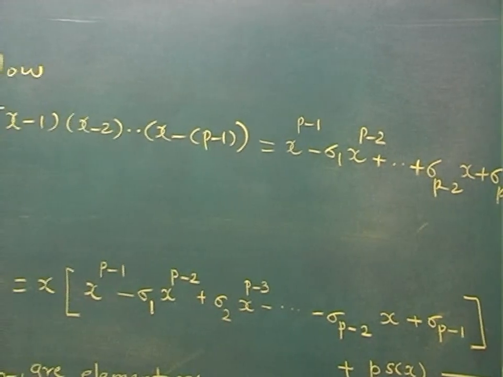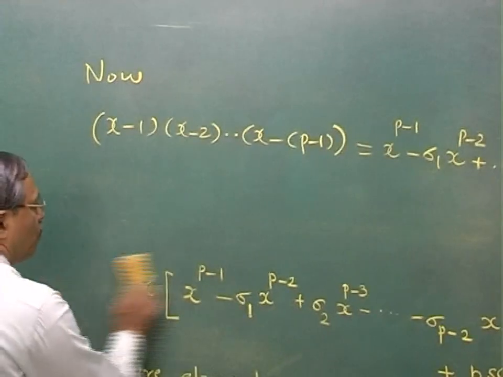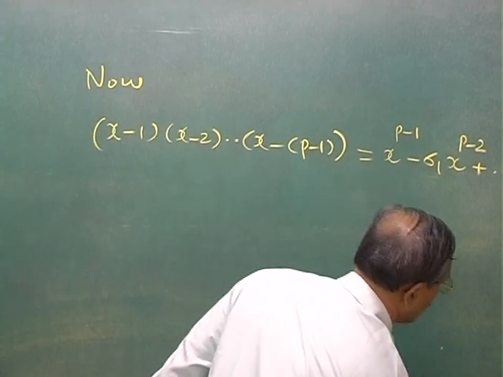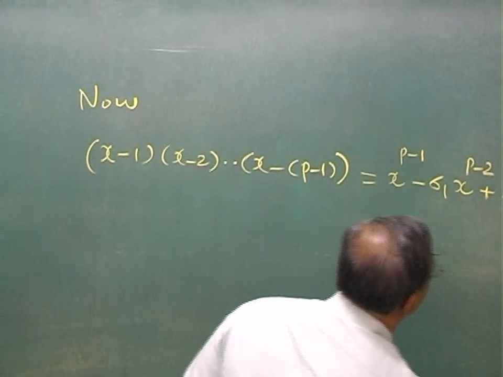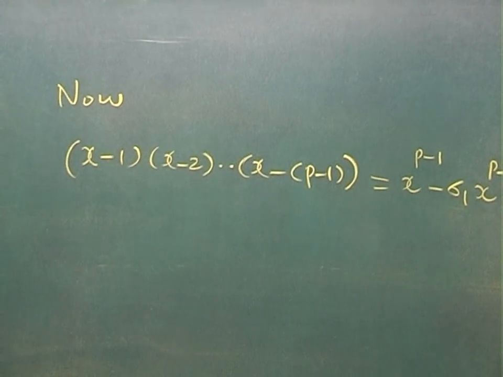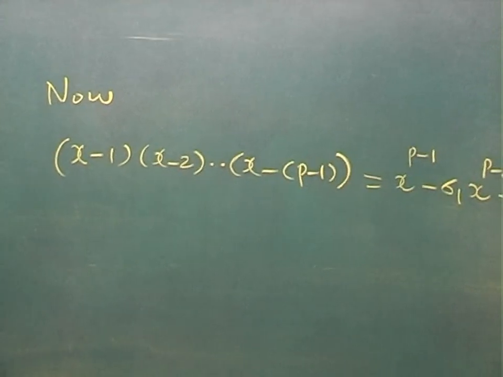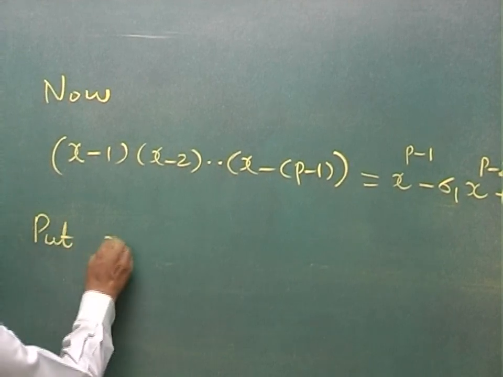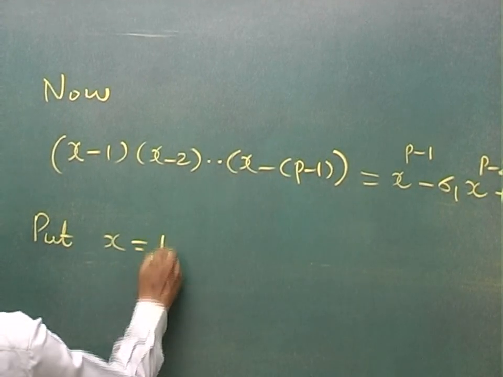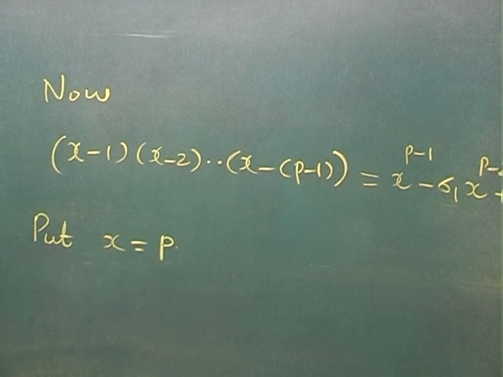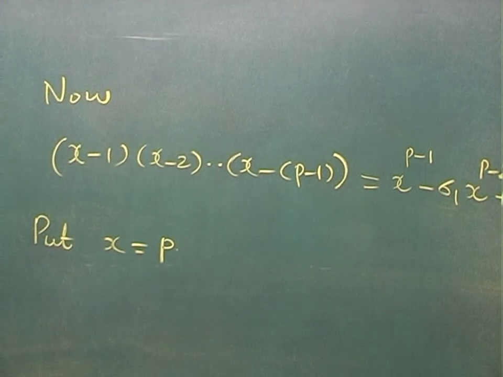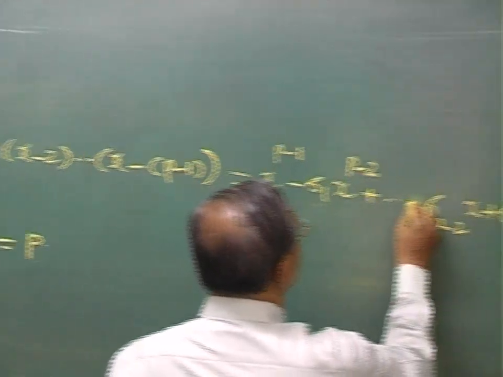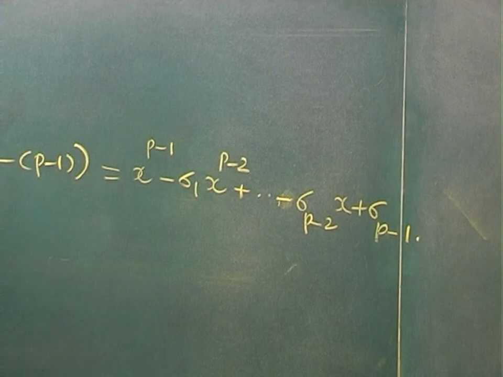Okay. Now in this you put x equal to p. There is a sign here, I should have minus sign, and here is plus sign, that's right.